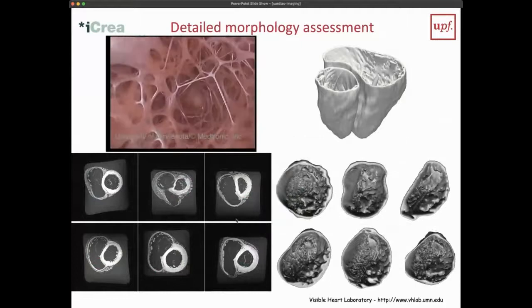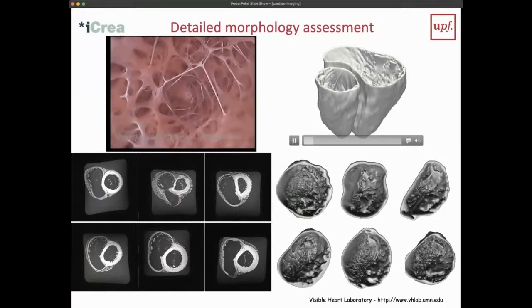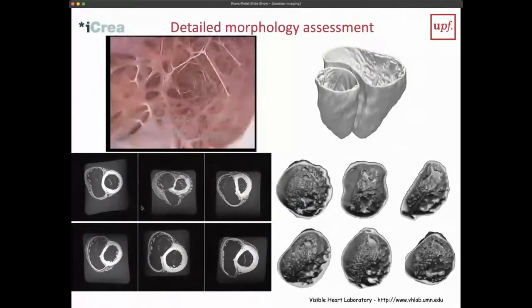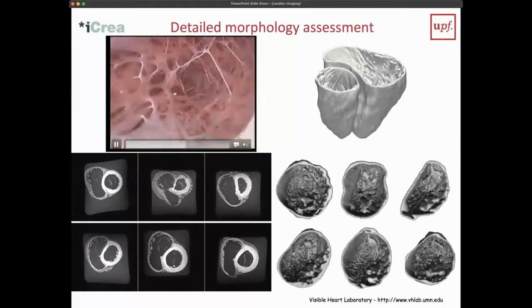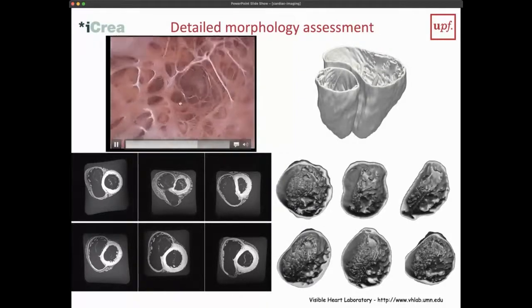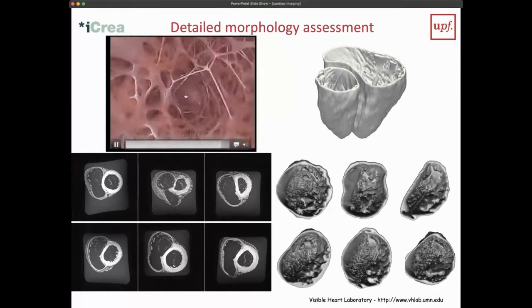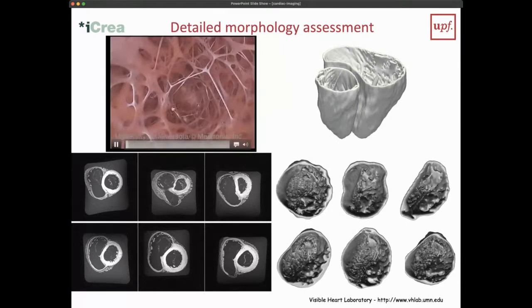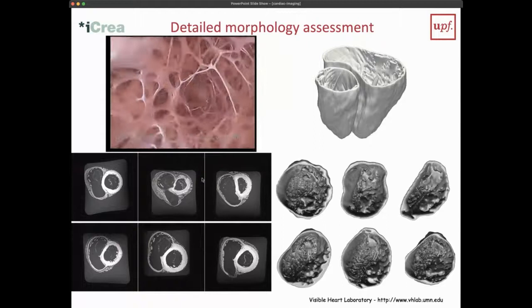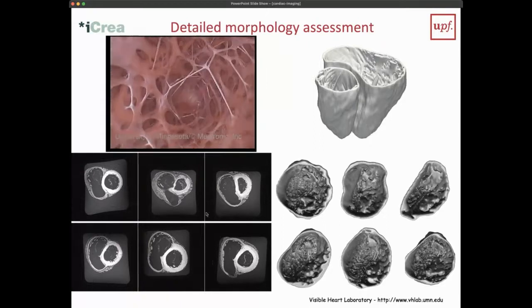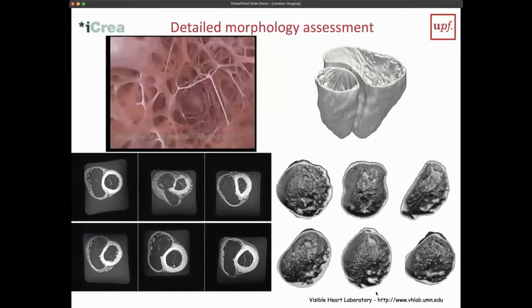If we image long enough, we can really see, for example, these trabeculations. This is like a video in a beating heart. This is experimental. We cannot do this in clinical practice because you need to replace the blood. That's not that easy, it needs to be on bypass, for example. But these are images from the Visible Heart Laboratory.